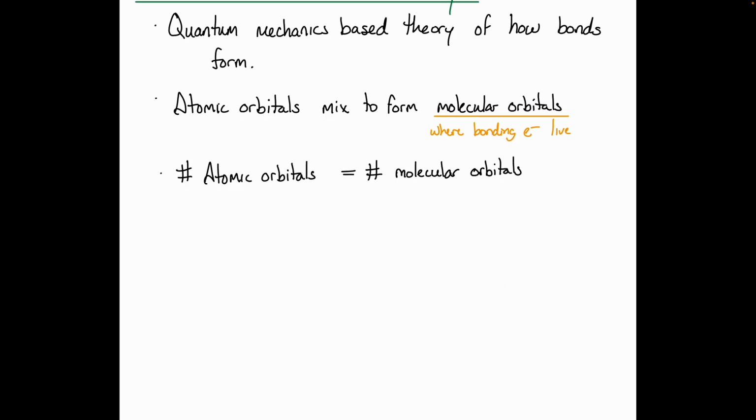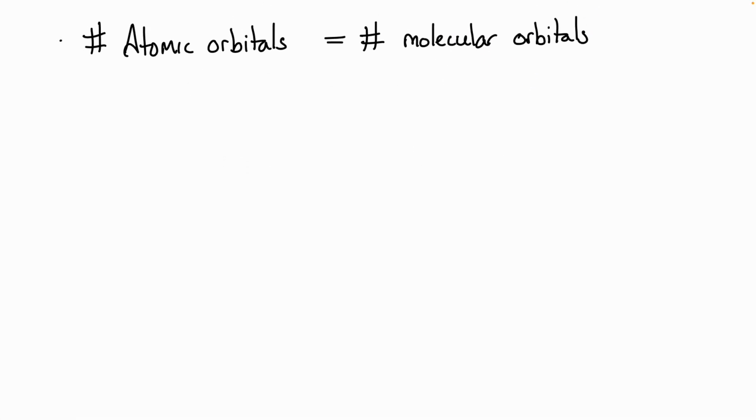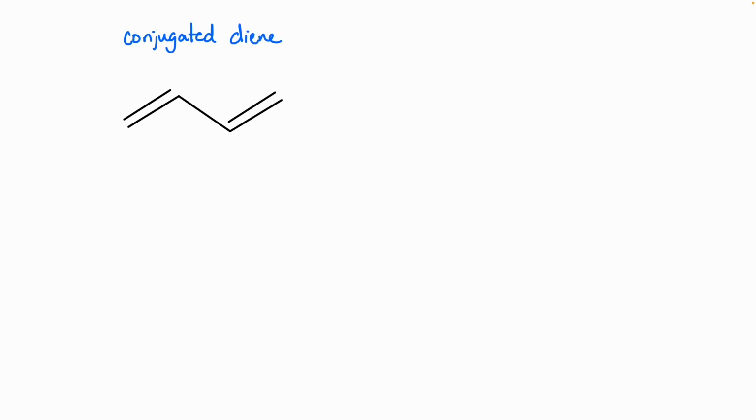So first thing we're going to do, we're going to talk about aromatic compounds here, but let's just look first at a conjugated diene. In our conjugated diene, remember what makes this so special is each one of these carbons has a p orbital.